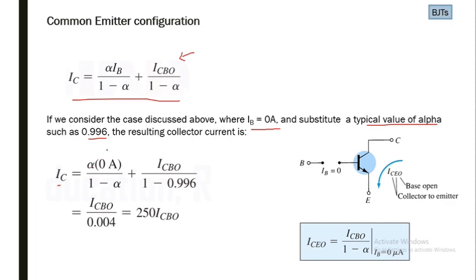Putting IB is equal to 0 and putting alpha is equal to 0.996, this part will be 0, and then ICBO over 1 minus 0.996, that will be 0.004, this will be equal to 250 ICBO.